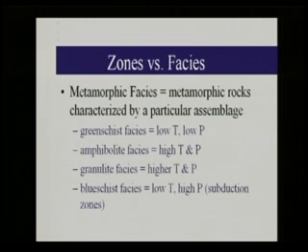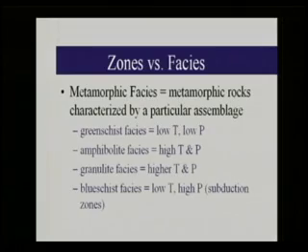And amphibolite facies, we're slowly moving up with the temperature and the pressure. The granulite facies, we're still increasing with higher temperature and pressure. And with a blue schist facies, such as at the top of a subduction zone, we have low temperature but very high pressure.